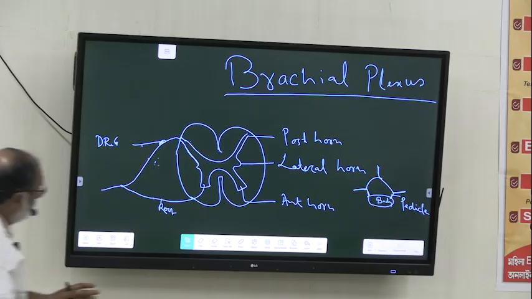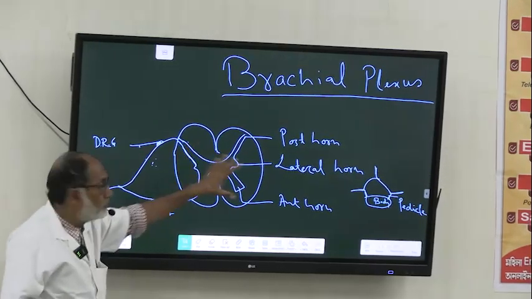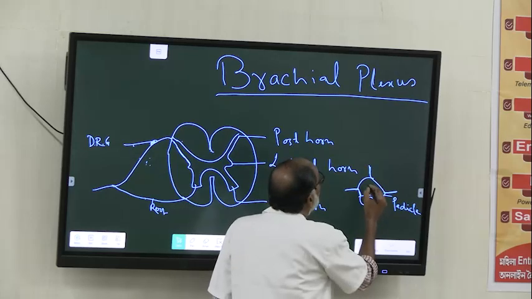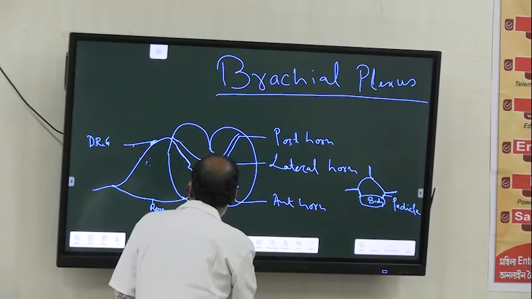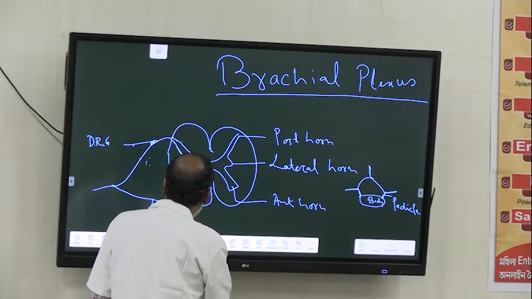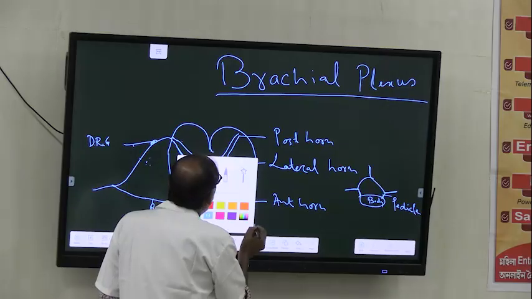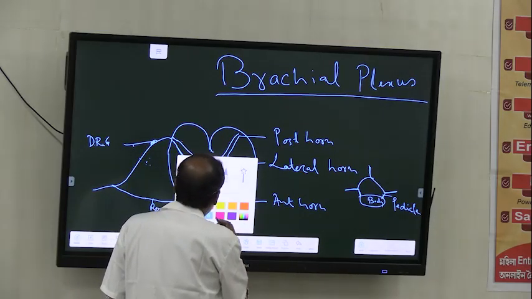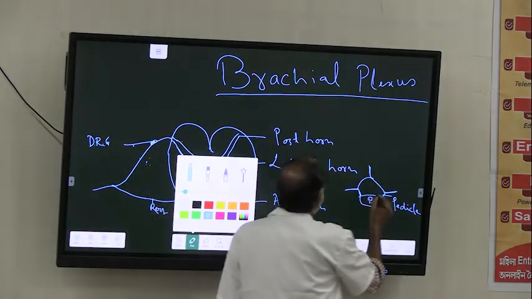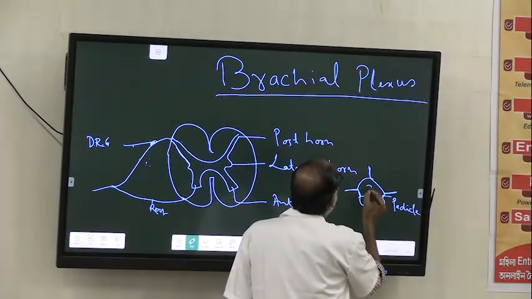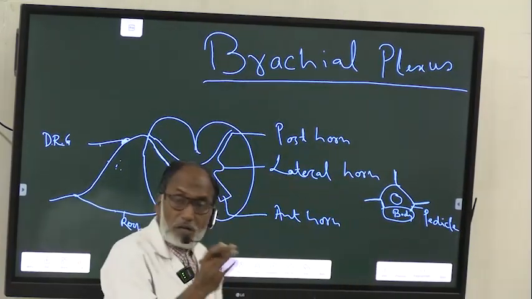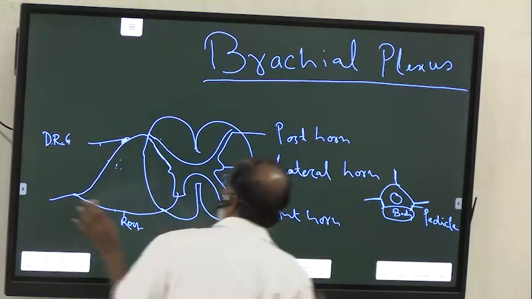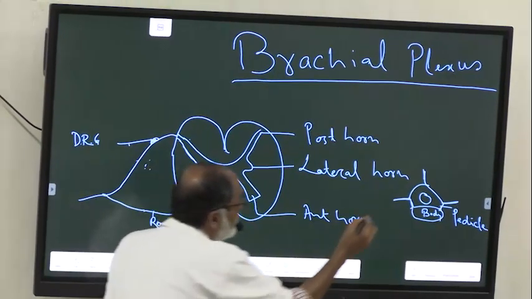Now this is a spinal cord. Now from this spinal cord, the spinal nerve is coming like this.